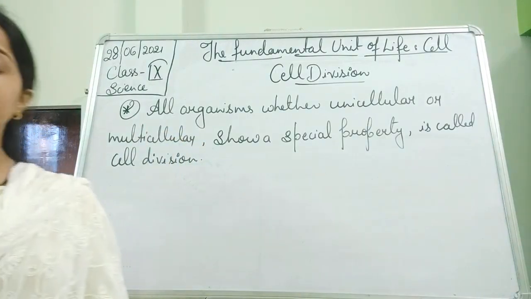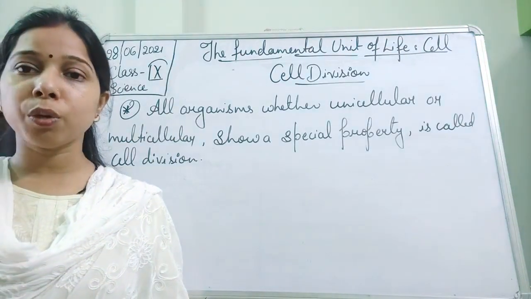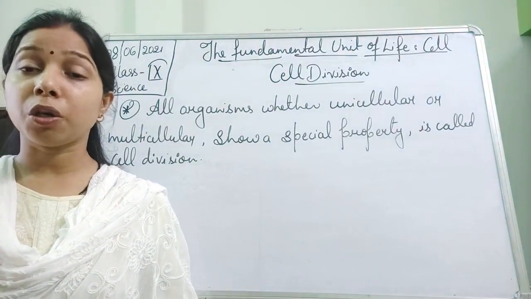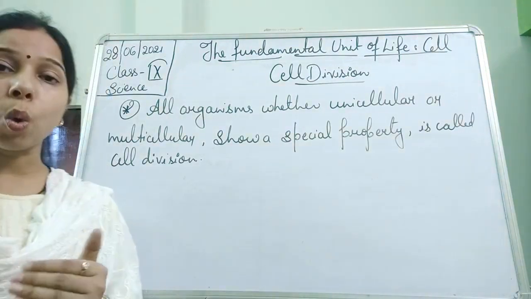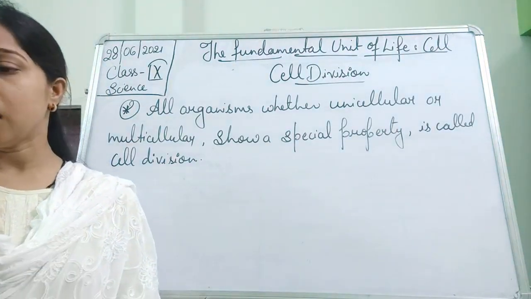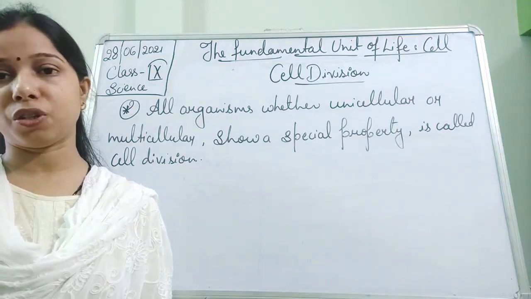So, cell division, why does it happen? In order to reproduce, in order to produce the gametes, in order to replace the old and the injured cells, there is a need for cell division.